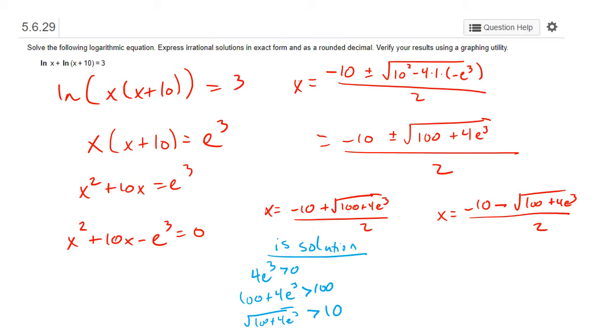However, once we know that the square root of 100 plus 4e cubed is bigger than 10, if I was to subtract it, that would be less than minus 10. So this numerator is less than negative 20.